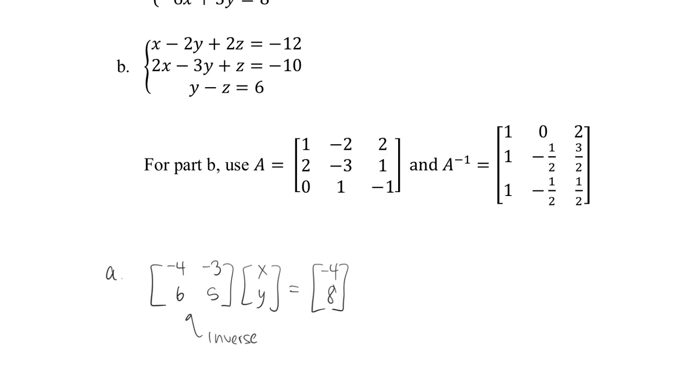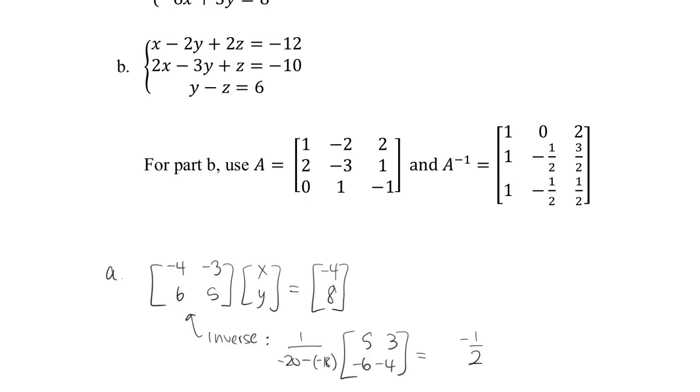The inverse of that matrix is 1 over a times d, so that's negative 20, minus b times c, so that's negative 18. And then we switch the place of a and d, so we have 5 and negative 4, and then b and c change signs, so it's a positive 3 and a negative 6.